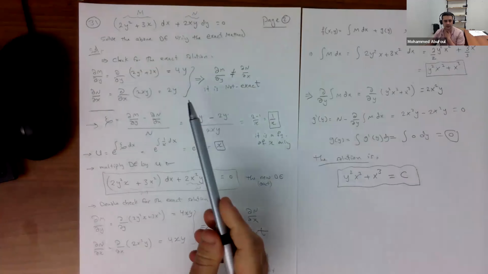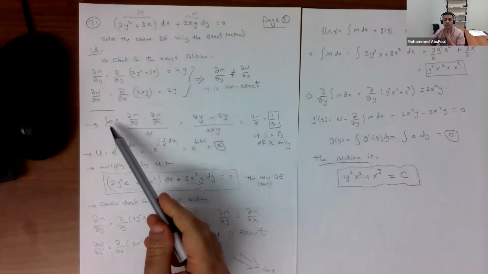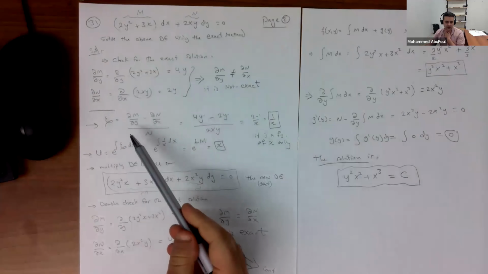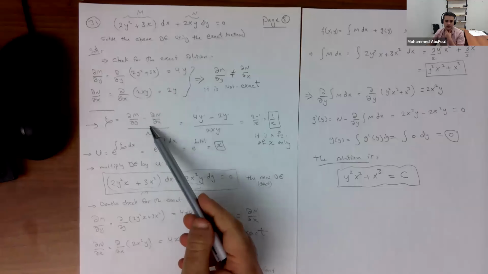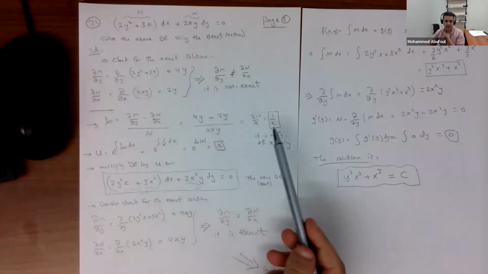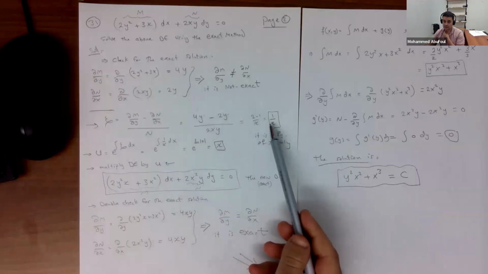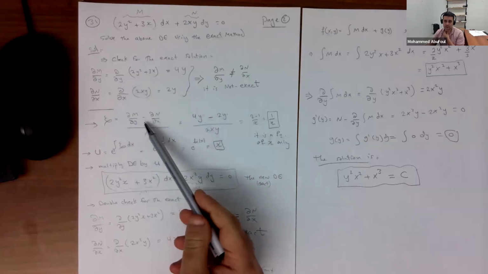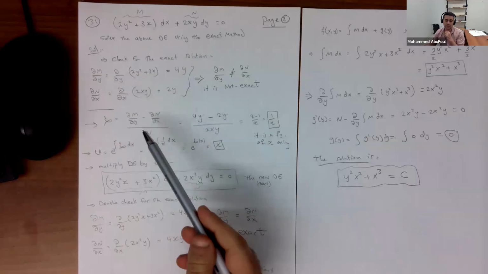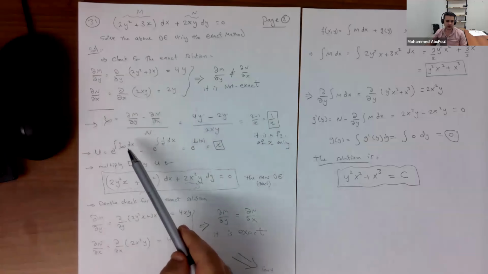To convert it from non-exact to exact, you need to find zeta, and if you use this formula, you should have just a function of x. If it's not, you have to apply the second formula, where you should have an expression with respect to y only, and this term should convert it to dy.